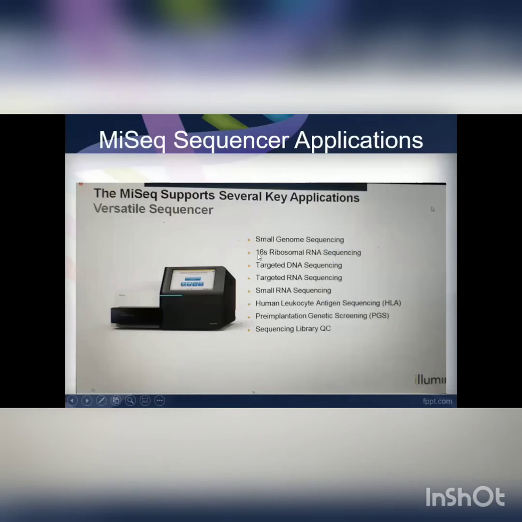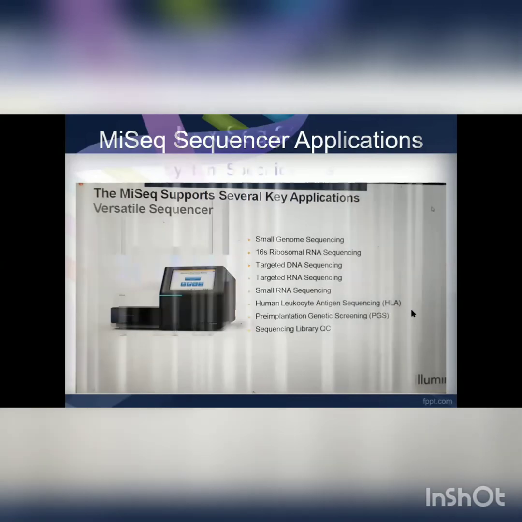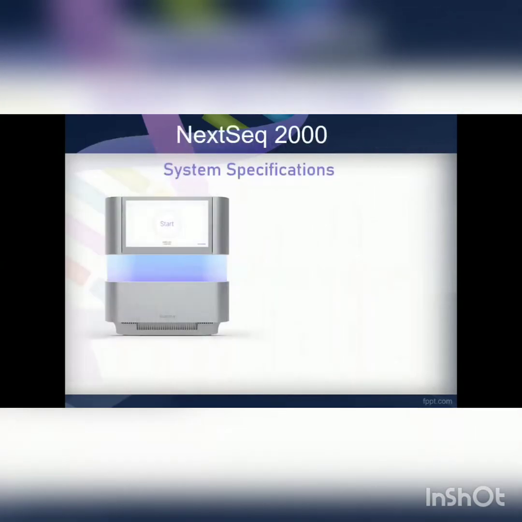It's a very versatile sequencer, used for small genome sequencing, 16S ribosomal RNA sequencing, targeted DNA sequencing, targeted RNA sequencing, small RNA sequencing, human leukocyte antigen sequencing, and pre-implantation genetic screening.